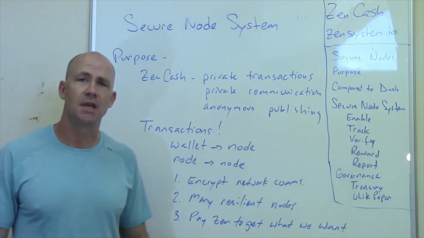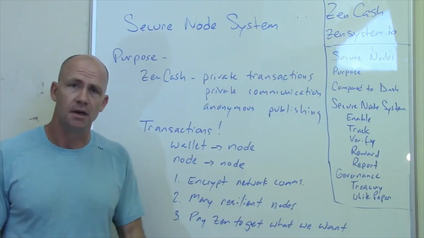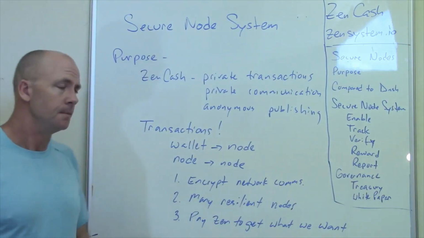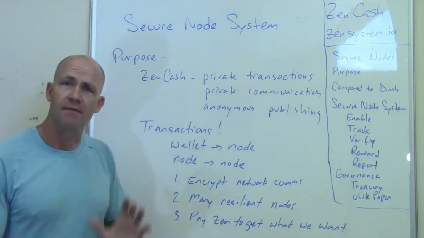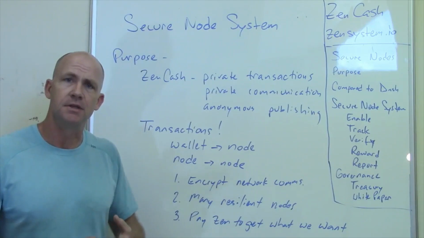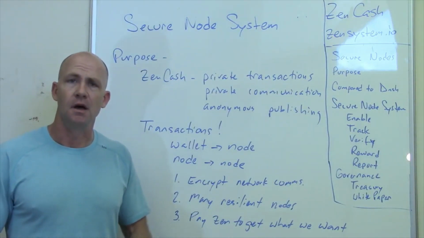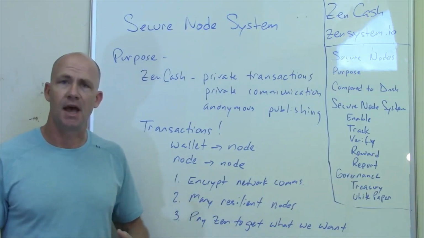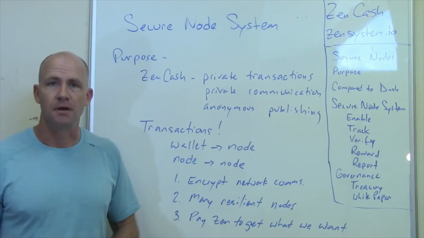So we have to make sure that those nodes are somewhat secure and resilient so that they can stay up and running. And because we want this, and this is important to us, and we have the ability to do this, we're going to pay the node operators to get what we want. And so I'll talk about that in just a minute, of how we're going to pay ZenCash for people to operate secure nodes that meet our standards.